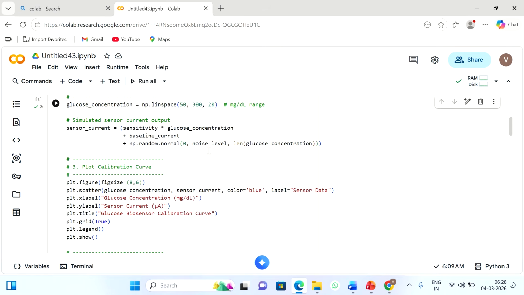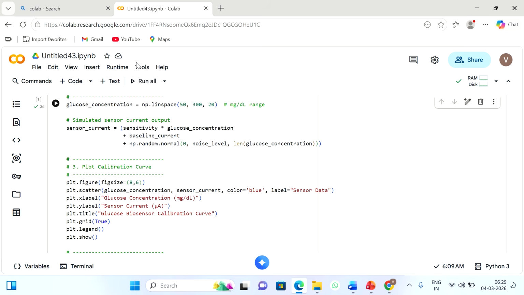Noise level: real sensors have noise when observing the input and giving out the corresponding output. So we will definitely get some noise from the sensor functioning, and 0.5 microampere random fluctuations are added. It is due to body muscle movements also.